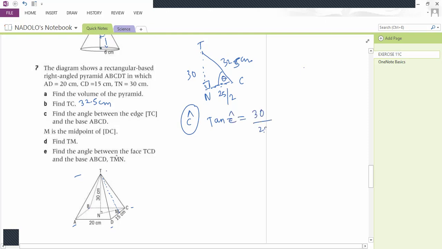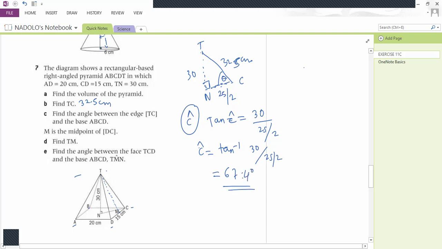opposite 30 divided by adjacent 25 over 2. So that our angle C will be tan inverse of 30 divided by 25 divided by 2. So use your calculator to do tan inverse 30 divided by 25 divided by 2, and you are going to get your answer as 67.4 degrees.